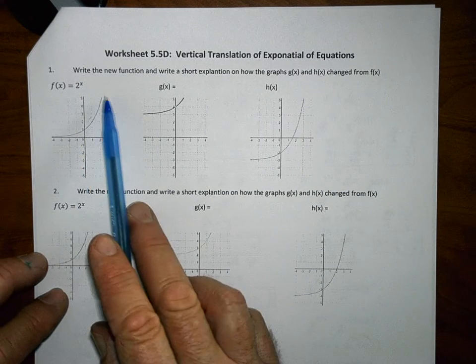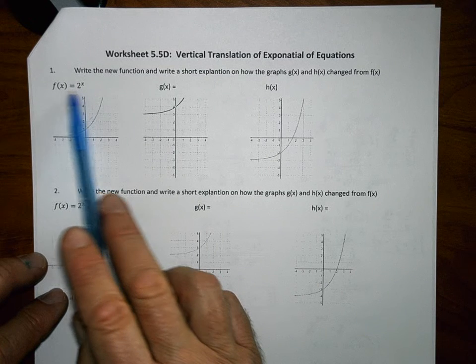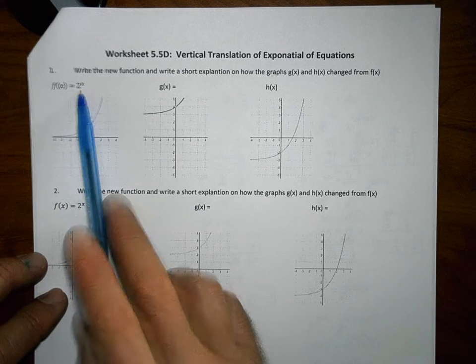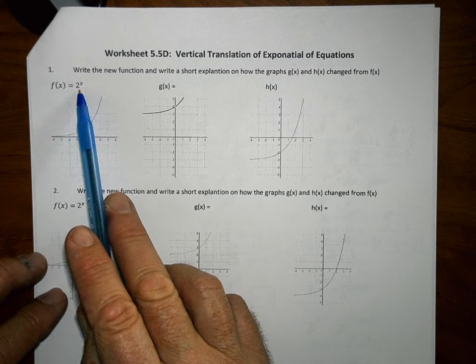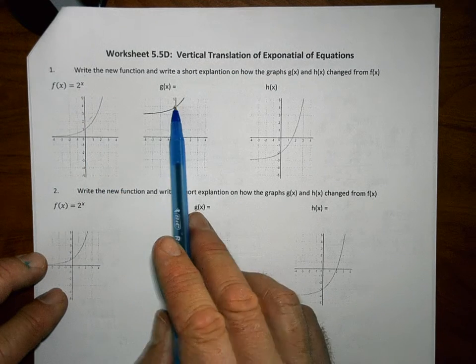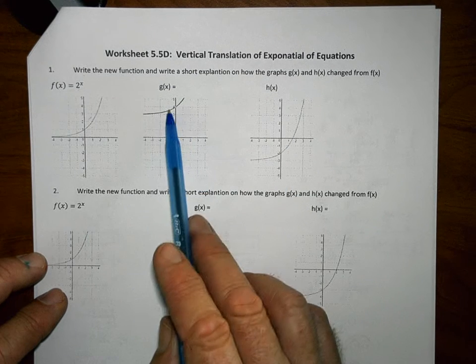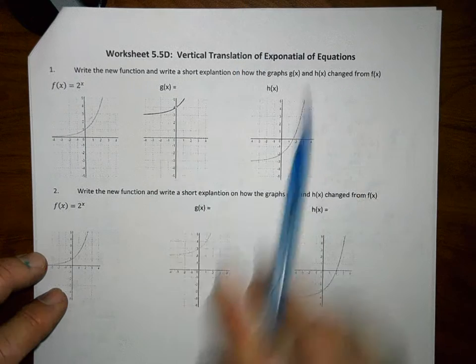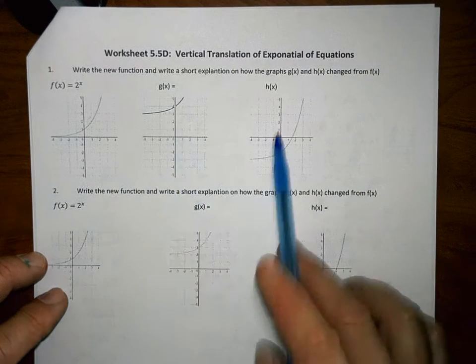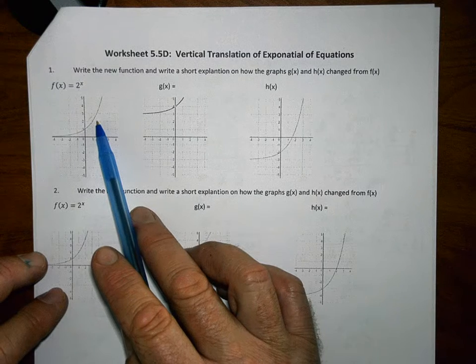So the idea here is we are given an exponential equation, and we're given the graph of that exponential function. Then we're given two other graphs, g of x and h of x, and although it's hard to tell because the graphs are shifted differently, these two graphs are identical to this graph.